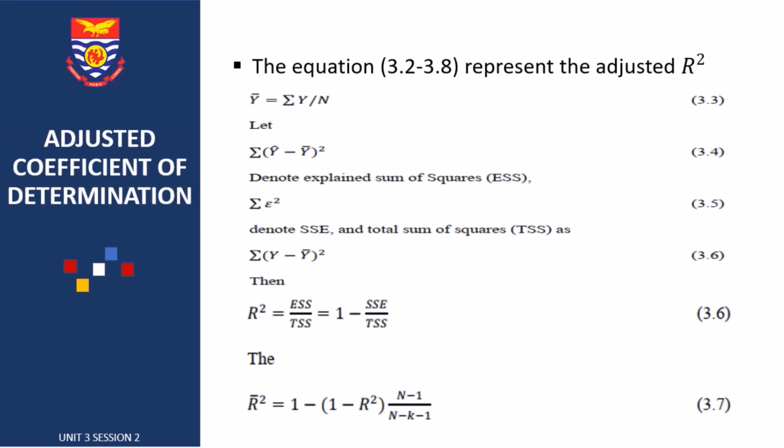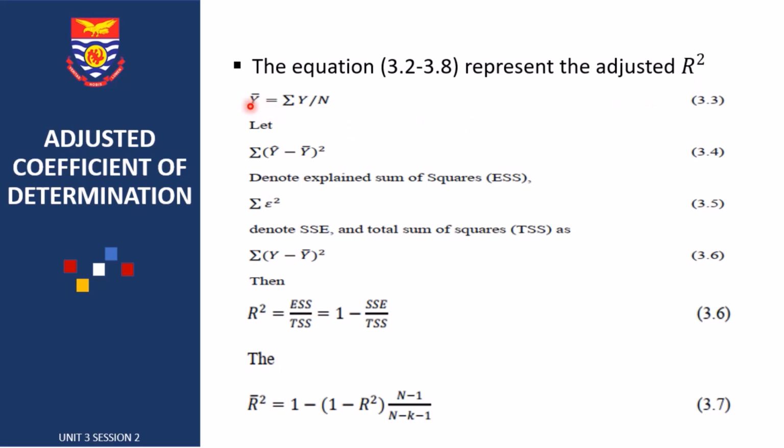So here we have some equations that represent how some of the estimations in our models, or the diagnostic estimations, are being done. With equation 3.2 up to equation 3.8, we are simply focusing on the estimation of the adjusted R-square.